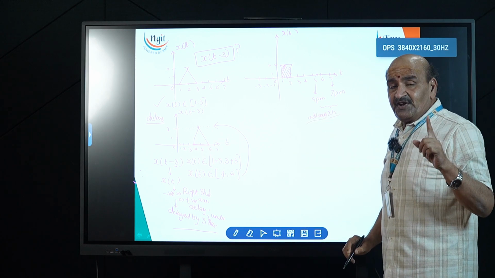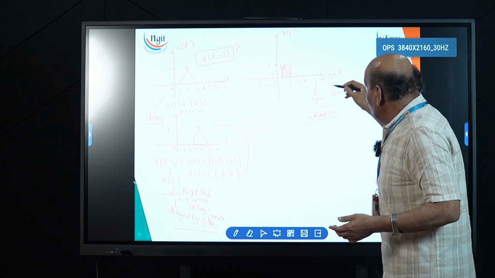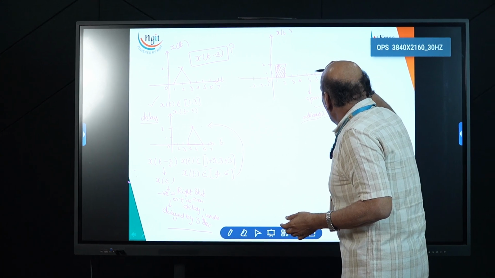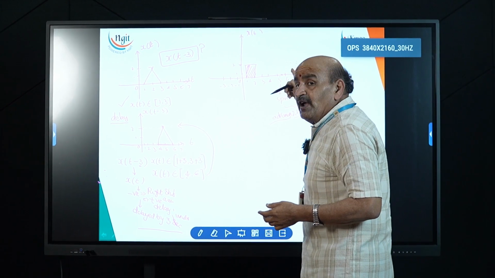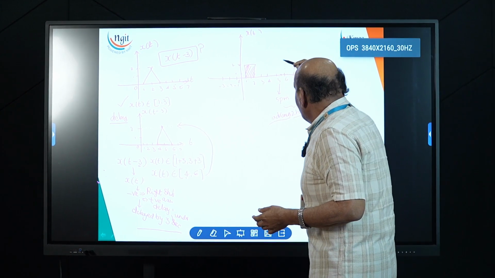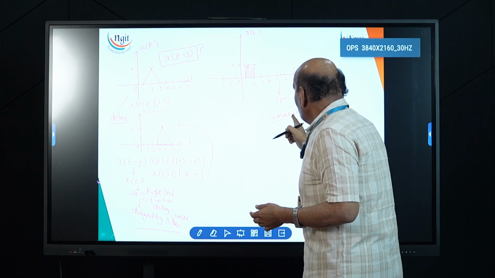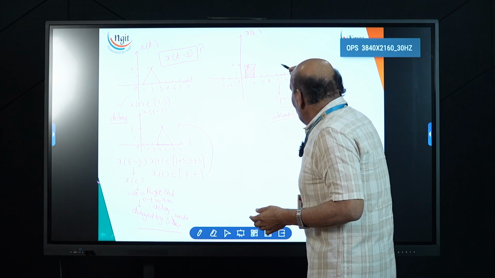In the previous case, it was delayed. This is advanced. This is the actual representation of the train, but now it is advanced by 2 hours. 2 hours means what? 7 minus 2, how much?